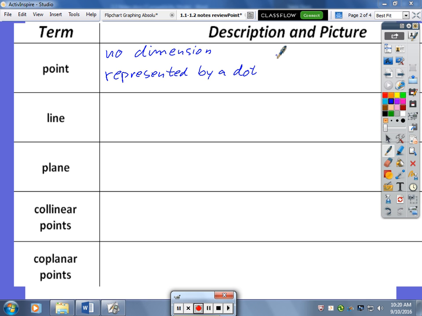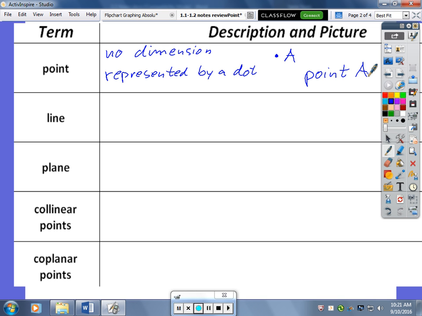So we would draw a dot and name it by a capital letter. We can then also call it point A. And the letters that we use for points always have to be capital letters. Always capital letters.